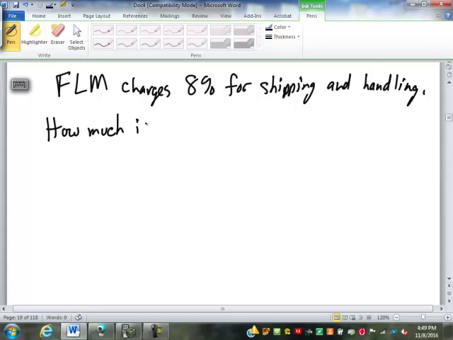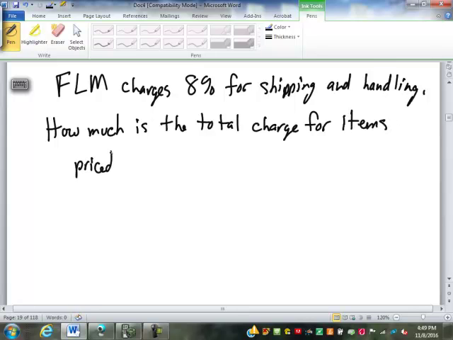How much is the total charge for items priced $250?